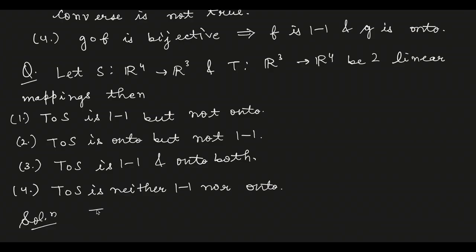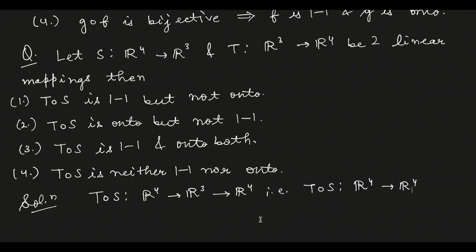So firstly see T composition S. S is from R4 to R3. T is from R3 to R4. That is, T composition S is a mapping from R4 to R4.